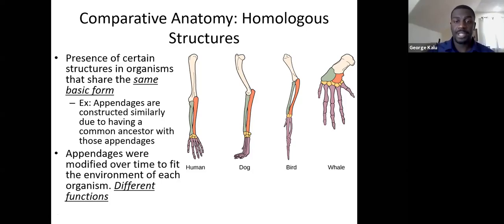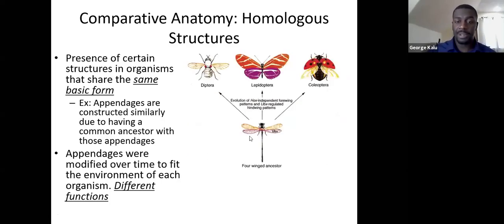Another example is if we're looking at an ancestor of a particular flying insect. Here we've got a four-winged ancestor, and over time it might go to specific environments, and as it goes to a different environment, it might evolve into a fly with just two wings, might evolve into a butterfly or a moth with four wings and a certain pattern, or might evolve into a ladybug with another pattern.